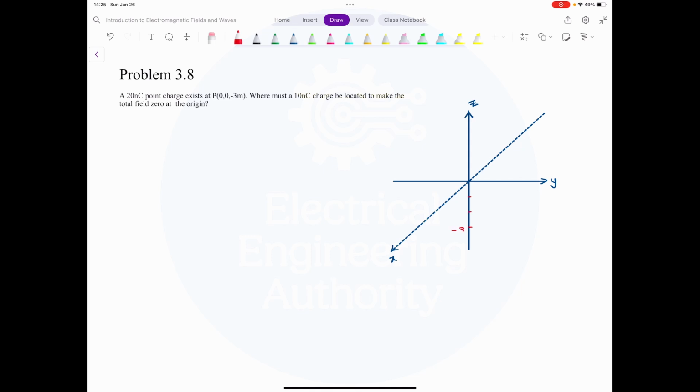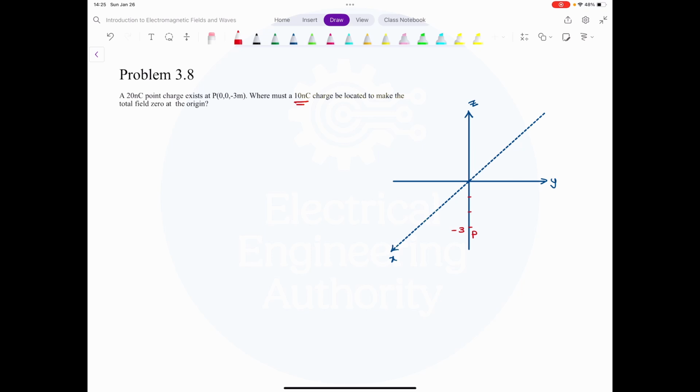So that's -3. This is point P. And QP is 20 nanocoulombs. Now we want to know, where shall I put a charge with a value of 10 nanocoulomb to make the total field 0 at the origin?